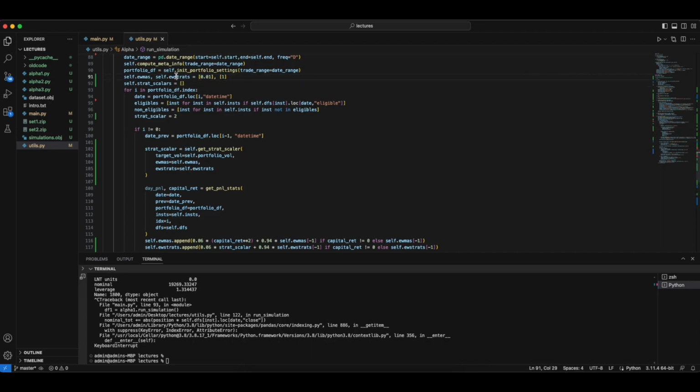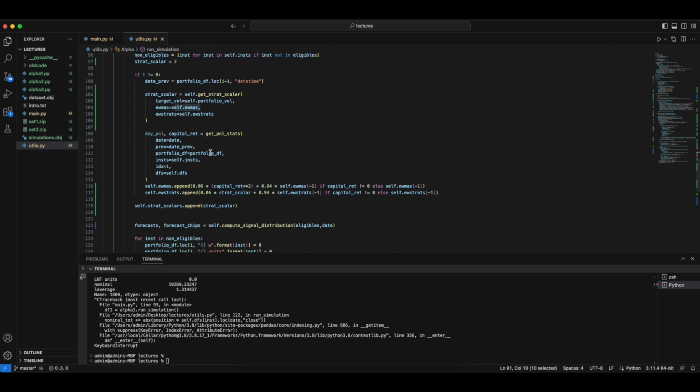So the default exponentially weighted moving strategy scalar will be 1, and it will be 0.01 for the capital return. So you get the idea here, right? So we're constantly maintaining a moving average of the strategy scalar as well as the realized variance of the portfolio.